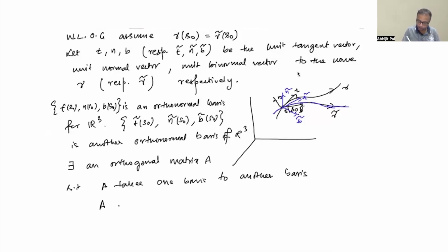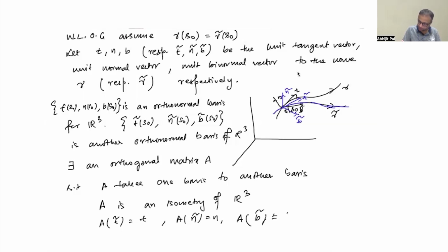So A is an isometry of R3, and this A takes T tilde to T, N tilde to N, and B tilde to B. So this isometry takes one orthonormal basis to another orthonormal basis.